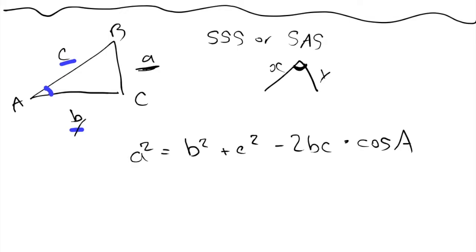And say for example you had all three sides, but you didn't have angle A. Well, in this case you'd use another cosine formula.